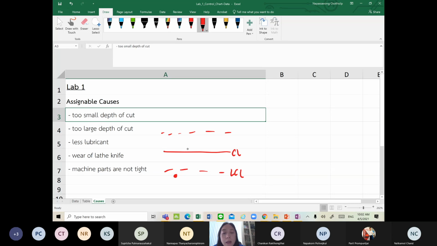And usually the diameter, actually this is the diameter parameter, is around the center line like this. But now the diameter is smaller. It moved from the center line to around here.